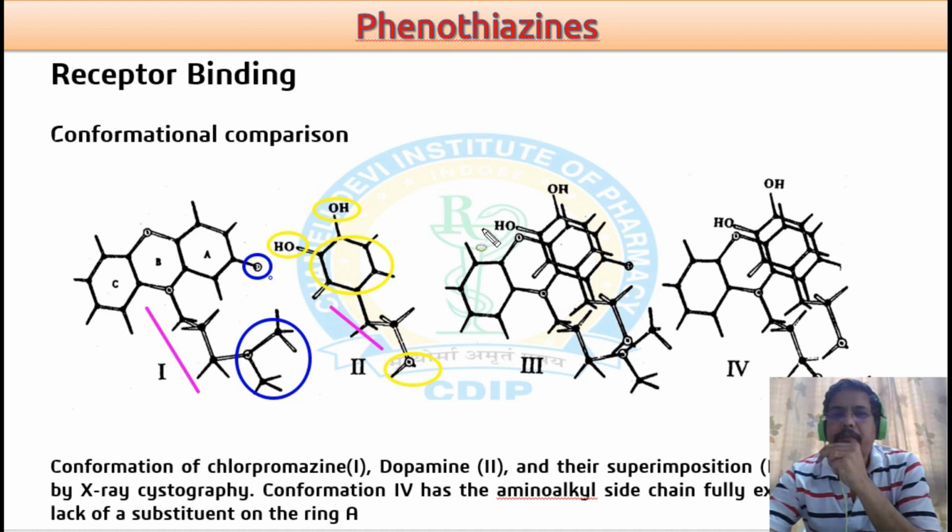now we check the similarities. Here the phenyl ring of dopamine takes the position on the A ring of the phenothiazine. And similarly, the linker takes a similar type of position. But the key difference arises due to the presence of this third carbon.